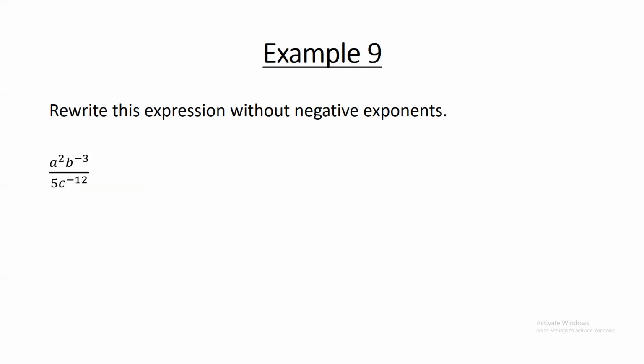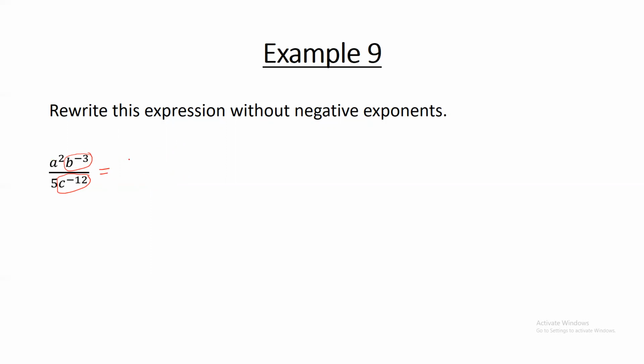Example 9. We have this expression, a squared b to the negative third over 5c to the negative 12th power. Again, you focus on the expressions where we are raising to a negative power, the b to the negative third and the c to the negative 12th. And that's what has to be moved.